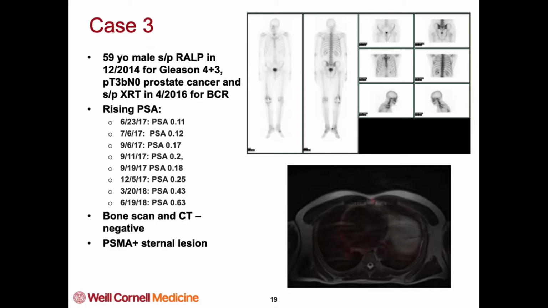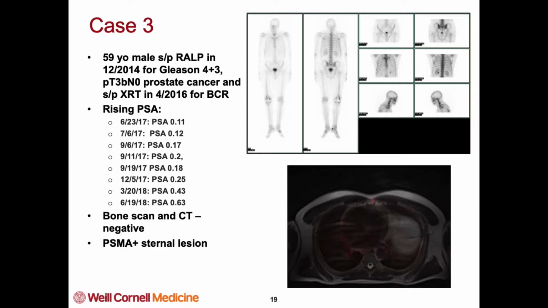We do it at Cornell for looking at metastatic disease, and these are just two cases where we've enrolled patients in our trial and shown some benefit to it. So this was a 59-year-old male who had surgery in 2014 for a Gleason 7 T3B prostate cancer.